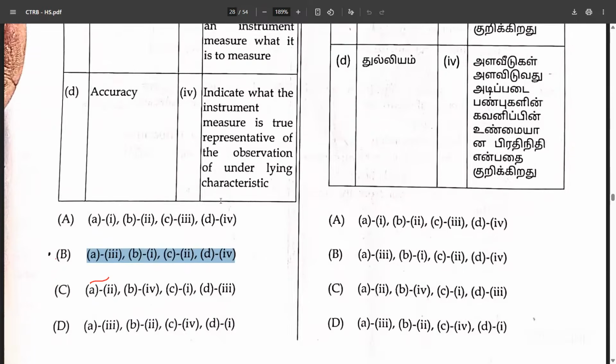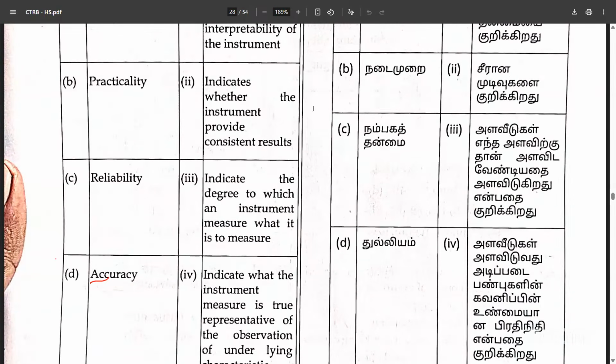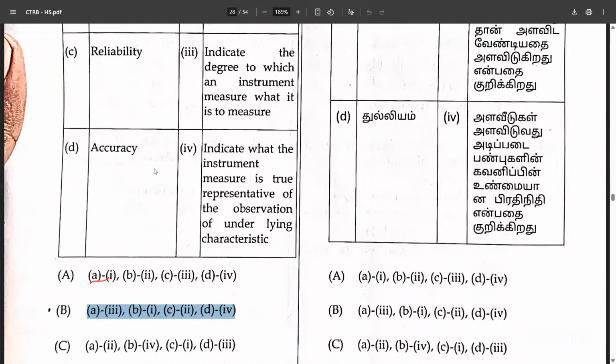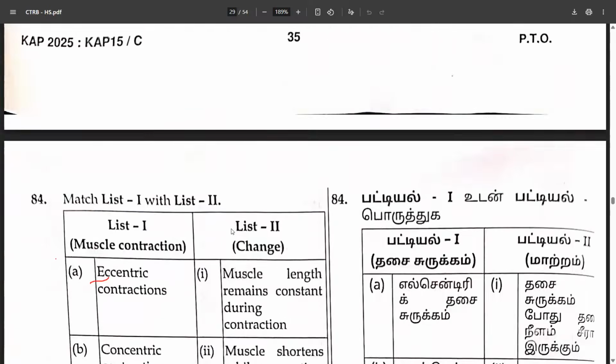Reliability will be matched with indicates whether the instrument provides consistent results, and accuracy will be matched with indicates that the instrument measure is true representative of the observation of the underlying characteristic.